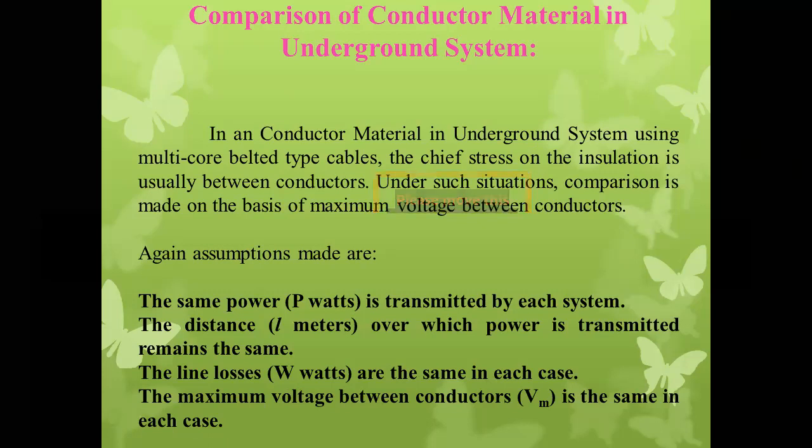As we know, the stress on the insulation in an underground system basically depends upon the voltage, whether it is an overhead system or an underground system. The main thing is that the insulation properties change with different voltage levels. Meaning, when the voltage level changes, the insulation properties will change.